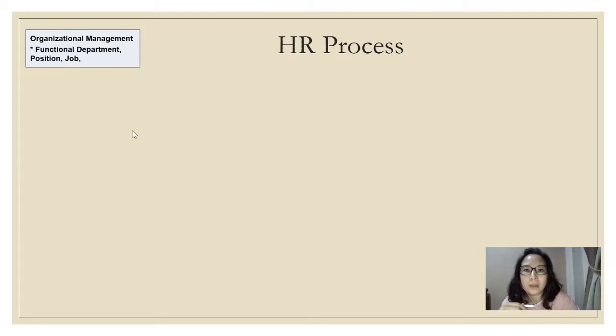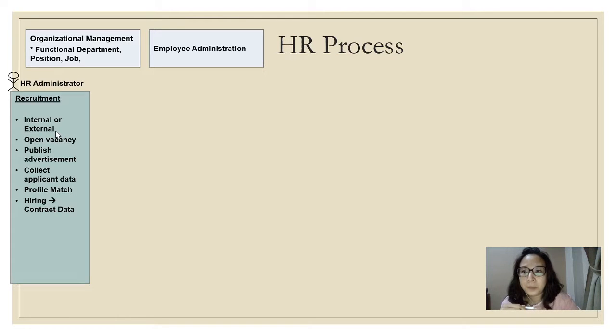Okay, and then the second HR process is actually to handle the employee administration. So as I explained before, the focus of the HR is actually managing the human resources, or we call it the employee.